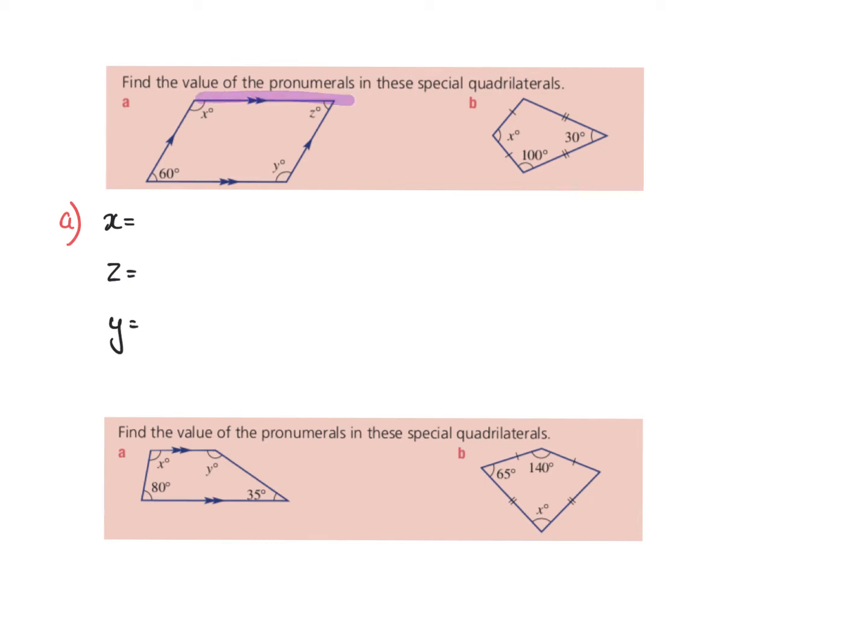Because we've got parallel and parallel. So when it's a parallelogram, the opposite angles are equal. So I already know what z is. Z is 60. Okay, so that means what we have left to find is x and y.